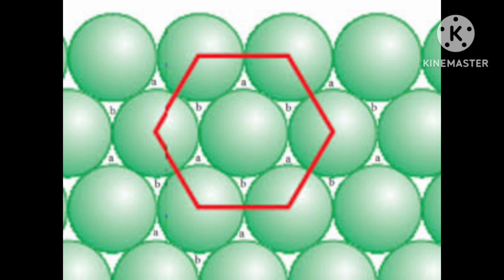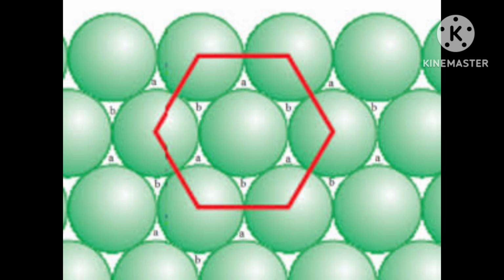One dimension means just length, no breadth. Second dimension means length and breadth both. And third dimension means length, breadth and height. All three are considered.